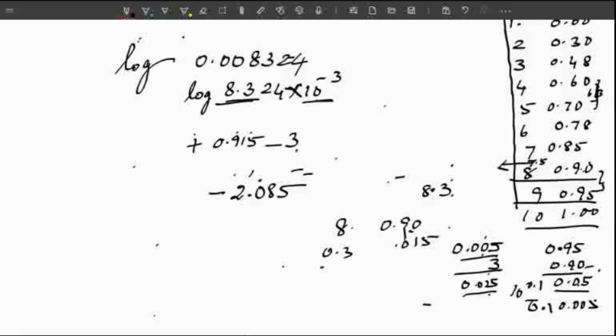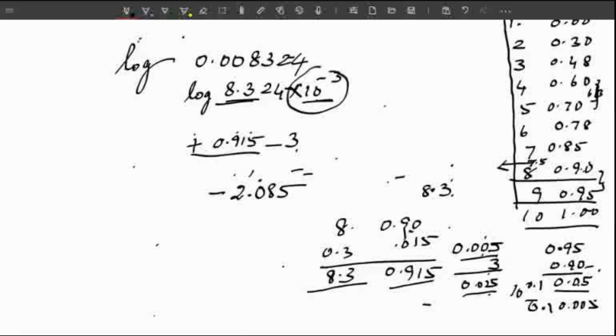Therefore, add, you will get the logarithm for 8.3 as 0.915. This is what I have written here. Minus 3 is from the power of the base 10. Now, let's subtract this one, you will get this value. Do you understand the methodology?